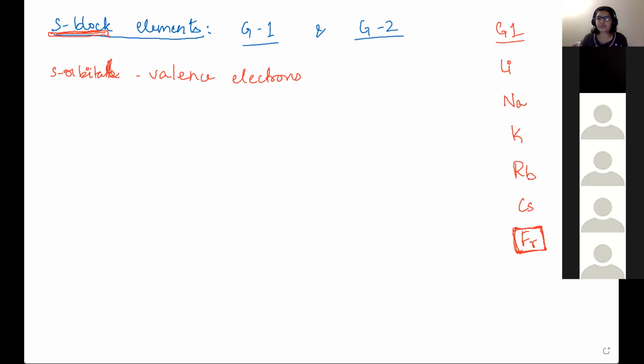And group 2, we've got beryllium, magnesium, calcium, then strontium, barium, and the radioactive element in this group is radium.